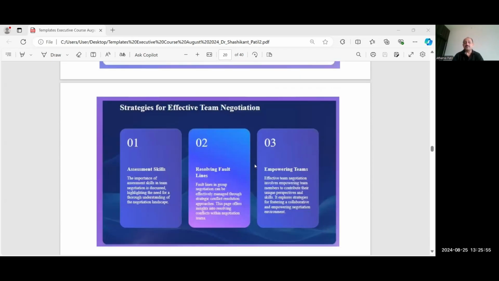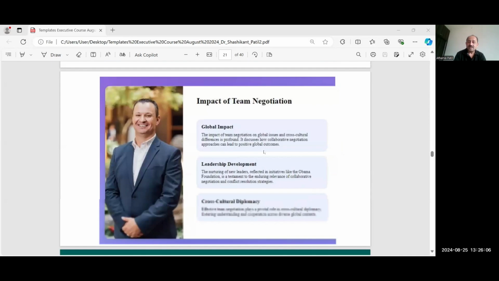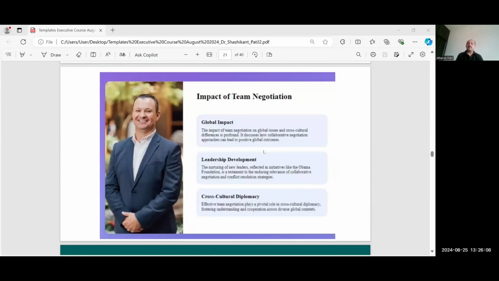Now, what are the strategies for effective team negotiation? First, you have to focus on assessment skills, resolving fault lines, and empowering your teams. And this is very important. Now we'll see the impact of team negotiation. It has global impact. It has leadership development; it will nurture new leaders, reflected in initiatives like the Obama Foundation, a testament to the enduring relevance of collaborative negotiation and conflict resolution. The third aspect is cross-cultural diplomacy.